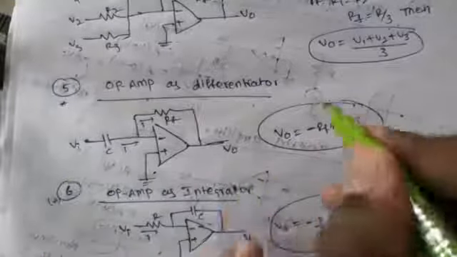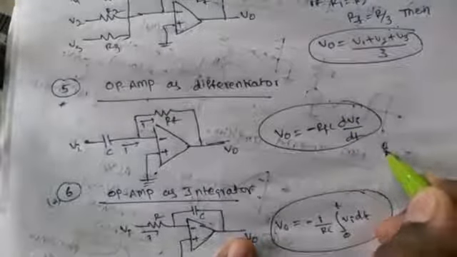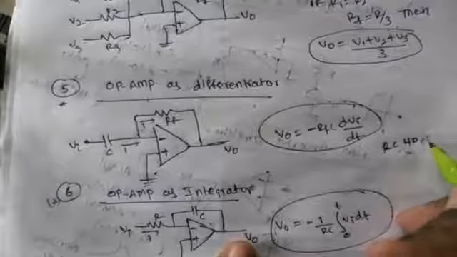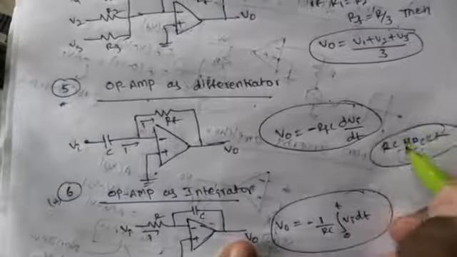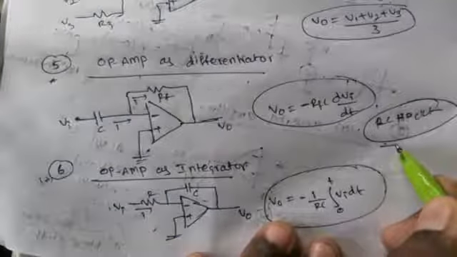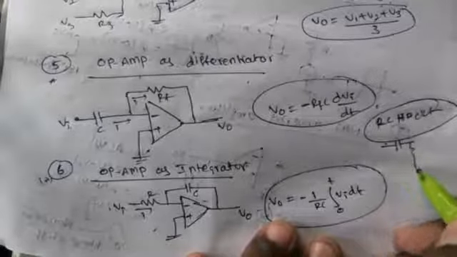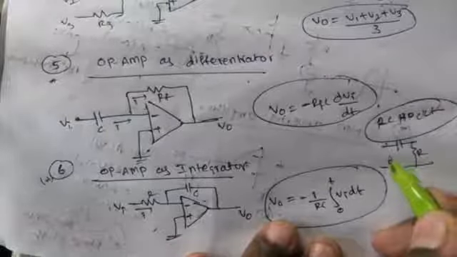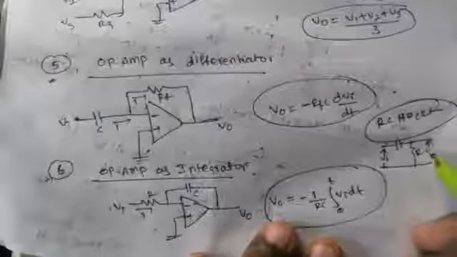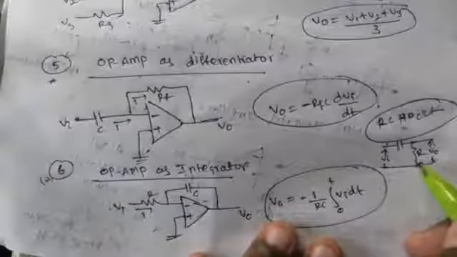So in this case, the RC high pass circuit will act as a differentiator. The RC high pass circuit has the capacitor at the input and the resistor at the output side. Here we apply the input to the capacitor and collect the output across the resistor.